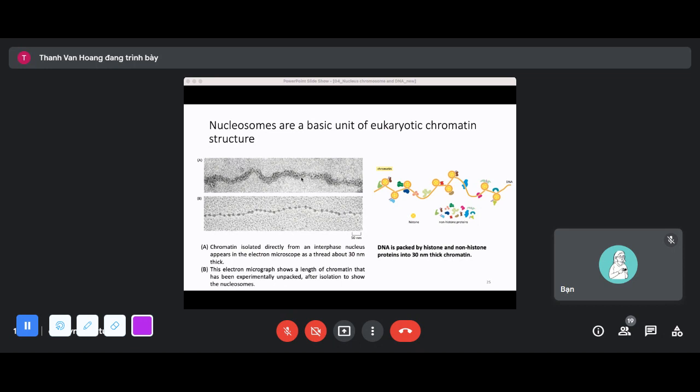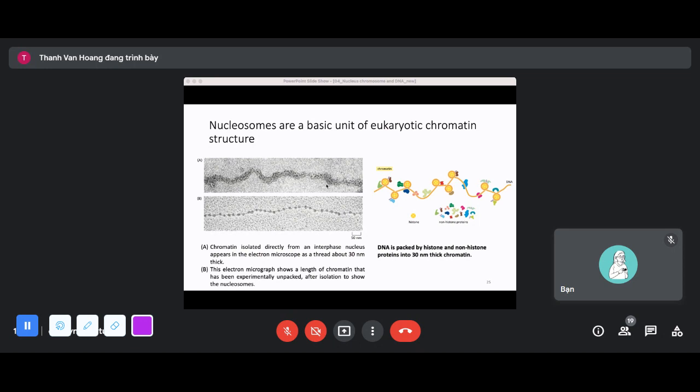Okay. So if you unpack the chromosome, you can see this typical structure of chromatin, and it is 30 nanometers in diameter. So remember it. The chromatin structure typically has 30 nanometers in diameter.